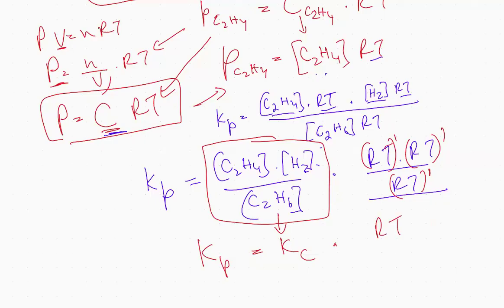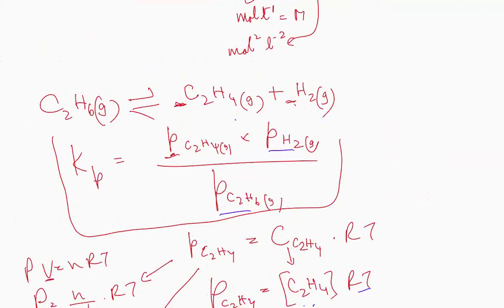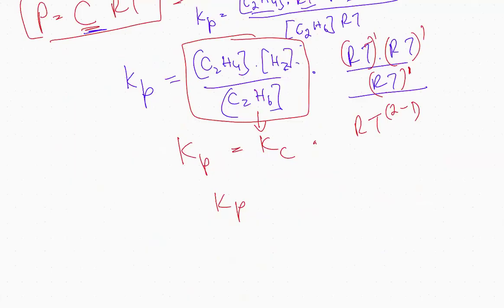What is 2 minus 1? Actually, it depends on the number of moles, the difference between the 1, 2, and 1 there. So we can write it as Kp equals Kc times (RT) to the power delta N. Remember this, the entire thing, because it's not R separate, T separate, but together.